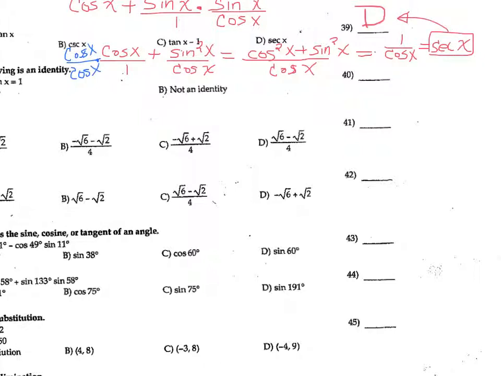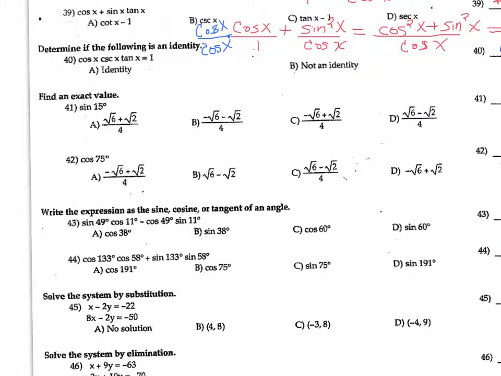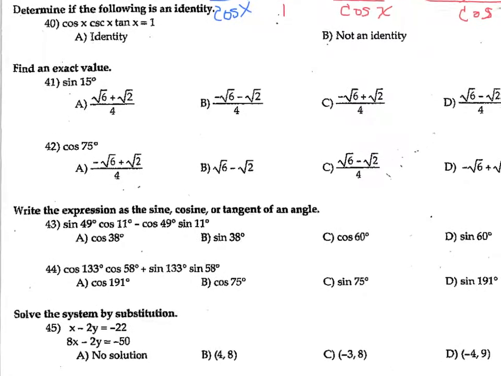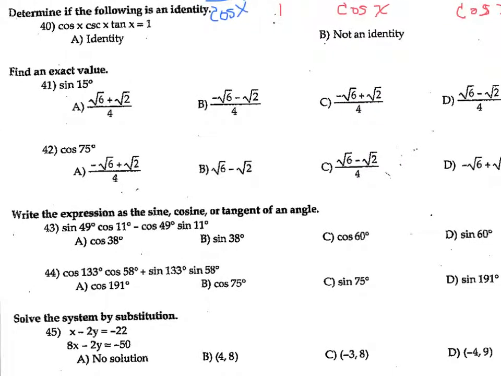Okay. Now, question number 40. The answer to number 40 is A. And why is that A? Okay, how do you rewrite number 40? That would be what?